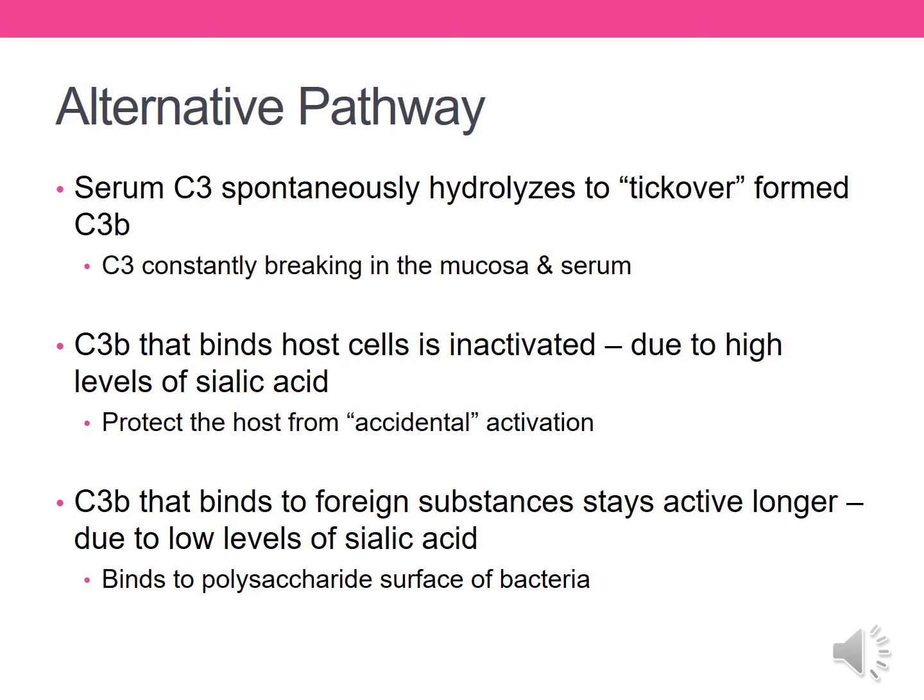Now, C3b will bind to foreign cells, because these cells have low levels of sialic acid, and C3b will bind to normally polysaccharide surfaces of the bacterial cell. This is what will then activate the alternate pathway.